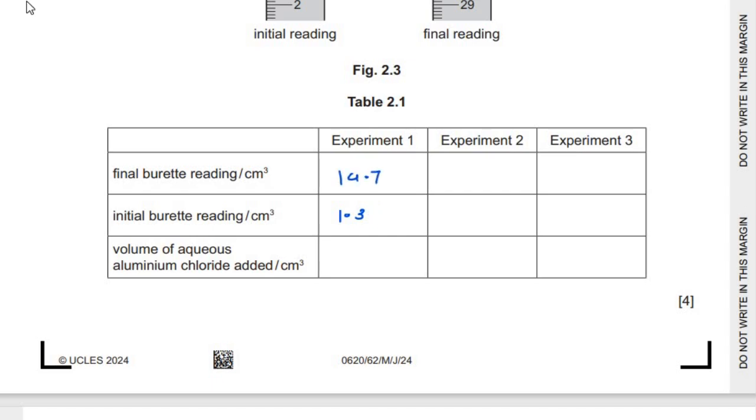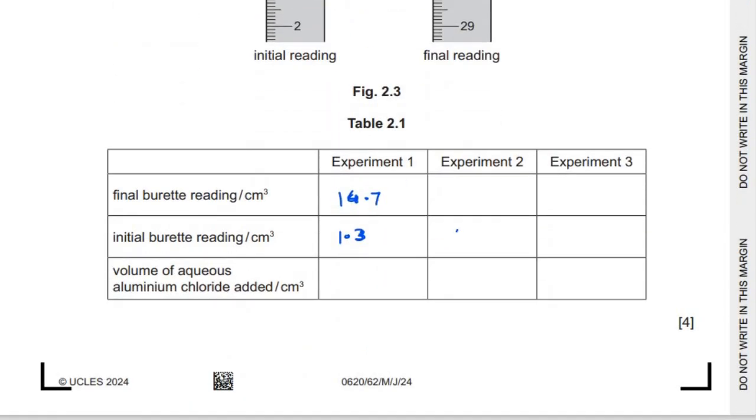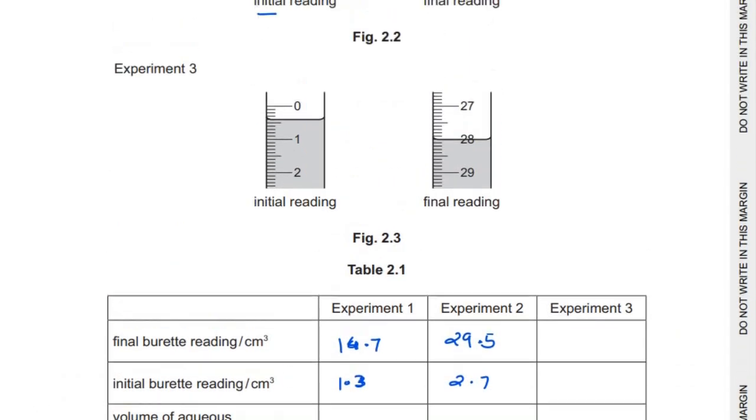Even if you don't write the zero, that's fine, but one decimal place for sure has to be written. We need to understand that we have to write till one decimal place. Okay. Second experiment, we can see that the initial reading is 2.7 and the final reading is 29.5. So it is 2.7 and 29.5. And let's have a look at the reading of experiment 3.